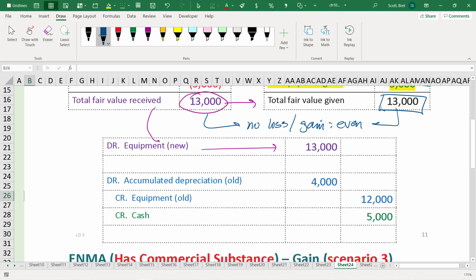The book value of the equipment I'm giving is the $8,000 offloaded. And in this case, I'm only paying $5,000 in cash. So the total amount of credit in this case is $13,000. Total amount of debit is 13. So I have neither a loss nor a gain. I'm breaking even in this case.